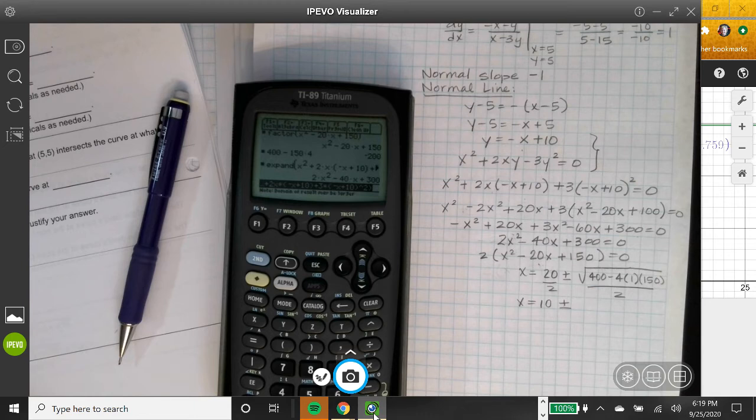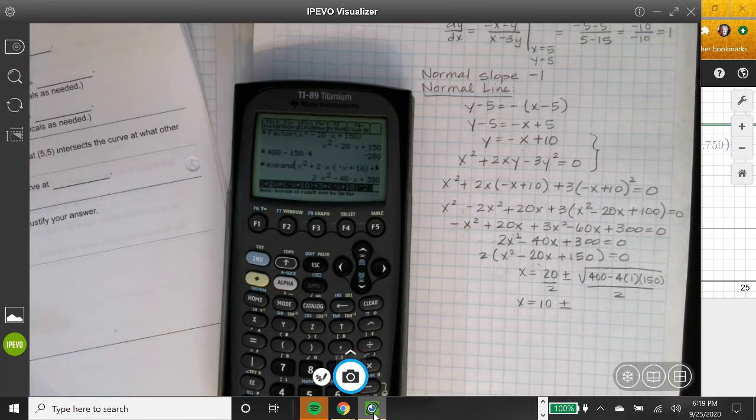I shouldn't doubt my algebra. And 300 divided by 2 is 150.